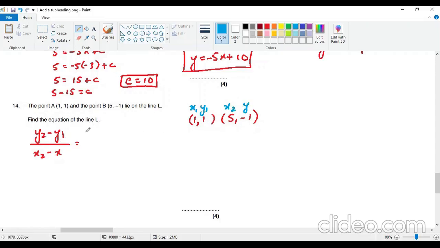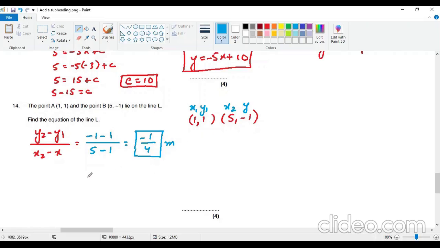Substituting the values, it's going to be negative 1 minus 1 over x2, 5 minus 1. So this is going to give us minus 1 over 4. This is the gradient.